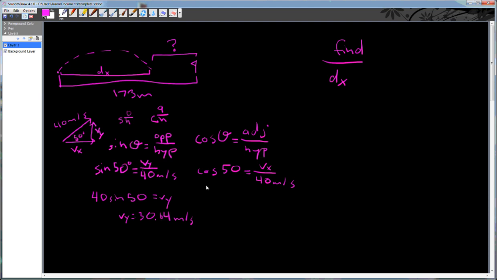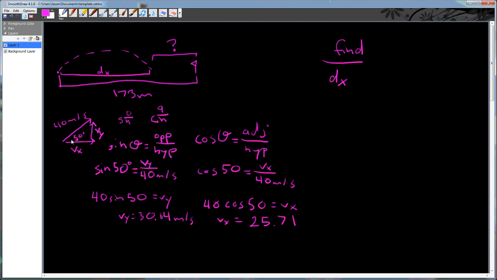Again, multiply by 40 to solve for Vx: 40 times cosine of 50. Our Vx is 25.71 meters per second.